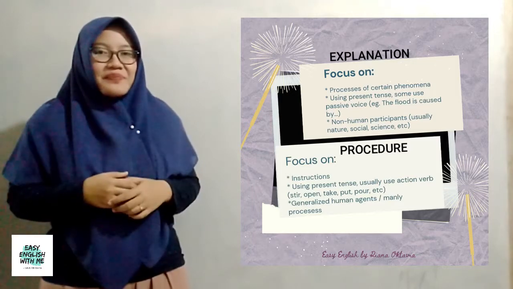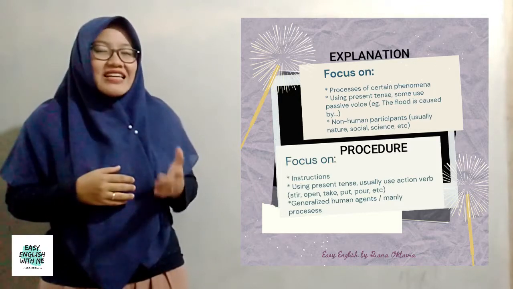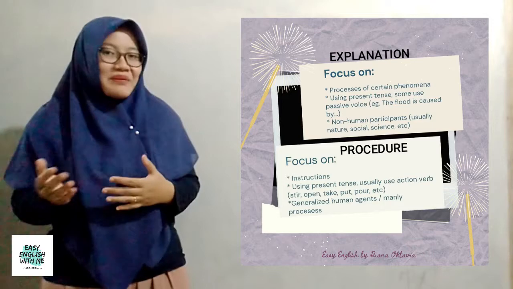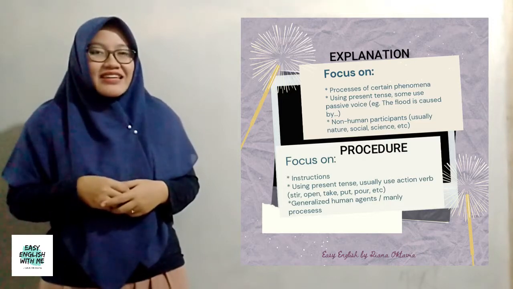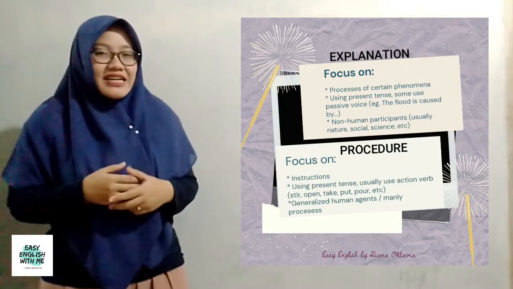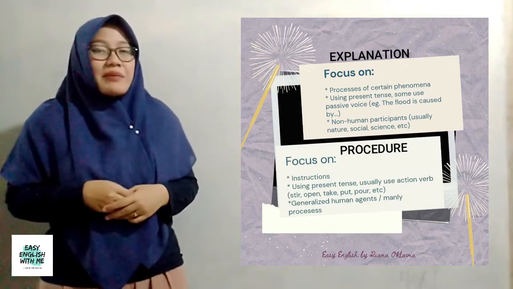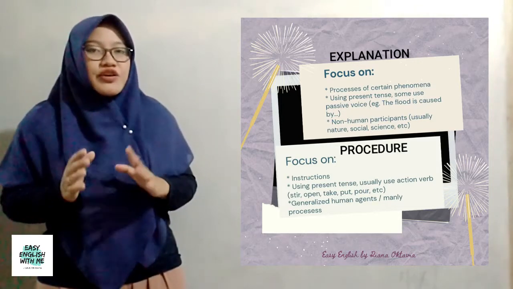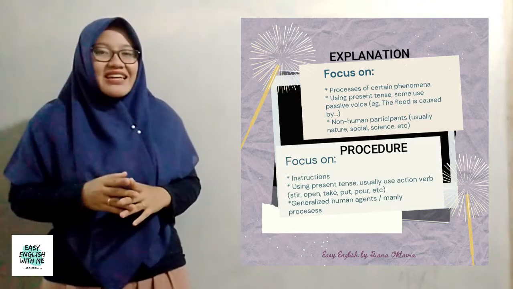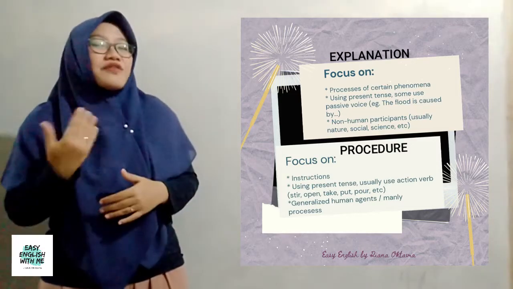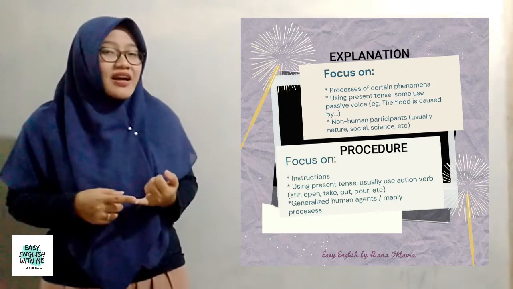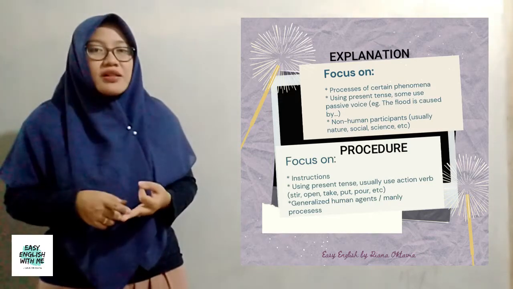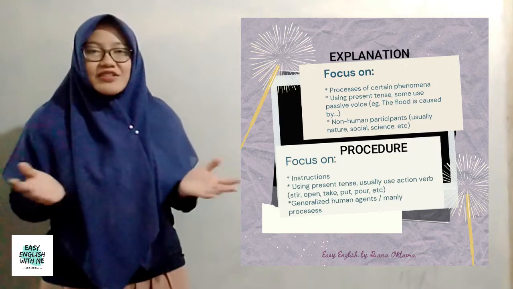For example, the flood is caused by blah blah blah. And usually, explanation texts tell about non-human participants. It means about phenomena or certain event about nature, culture, social, or science, etc.